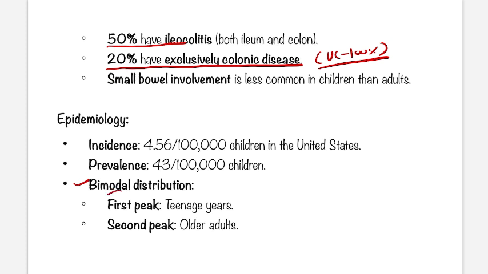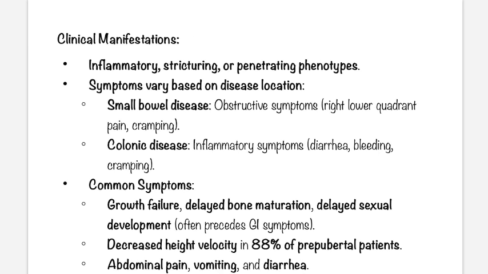Okay, so epidemiology: bimodal presentation, as with IBDs. First peak in teenage years, second peak in older adults, like 10 to 20 years and 50 to 80 years. Clinical manifestations: inflammatory, stricturing and penetrating phenotypes. So in Crohn's disease more complications are there than in ulcerative colitis. If it is small bowel disease, obstructive symptoms will be there.